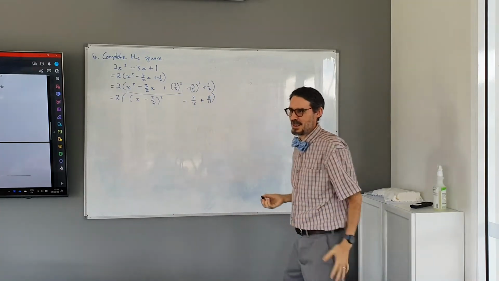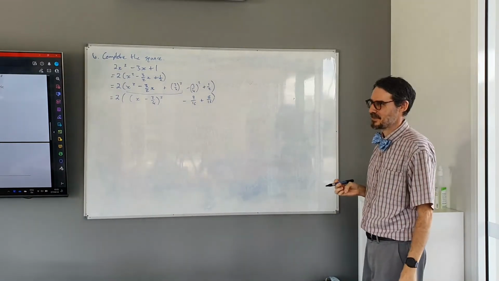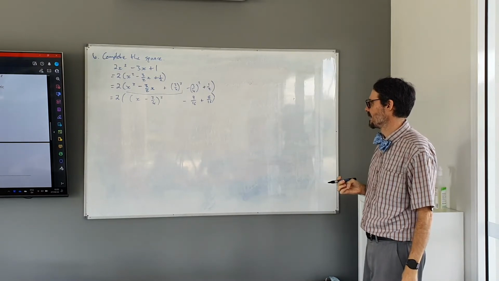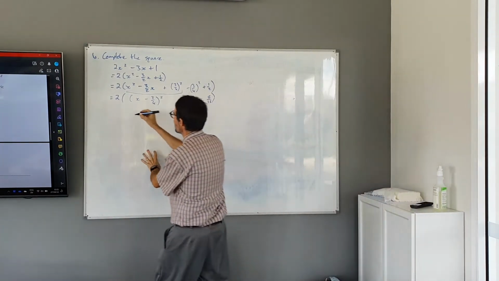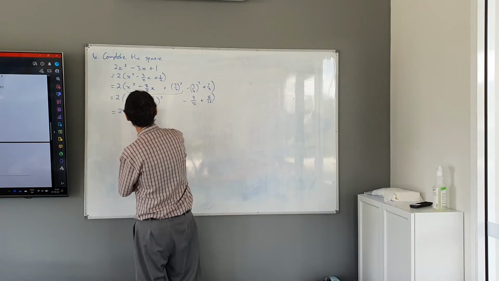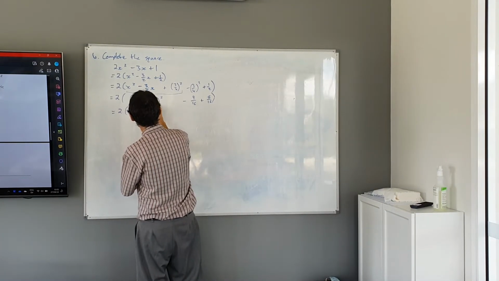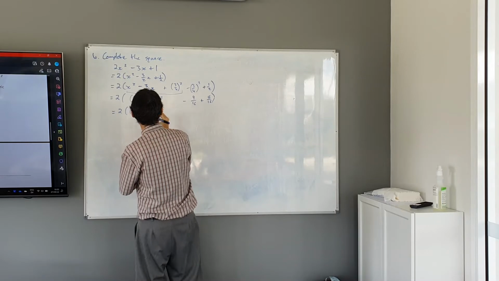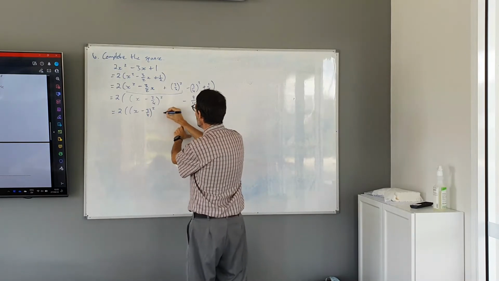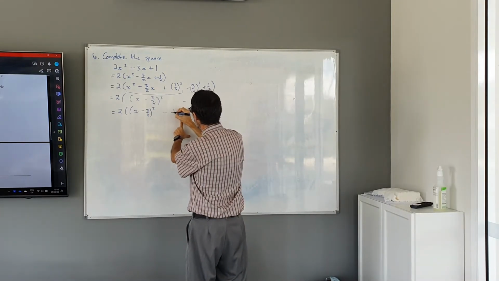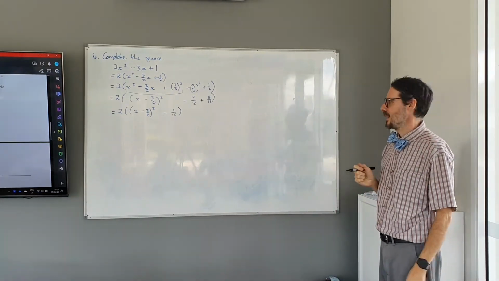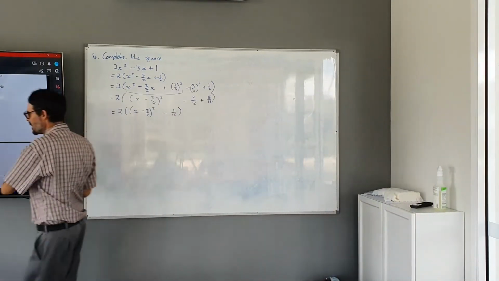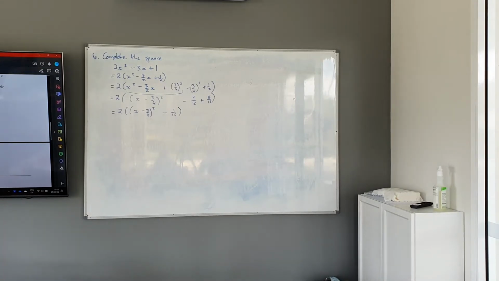Correct, but I may as well do that step now. Two x minus 3/4 squared minus, and now I have a difference of squares.